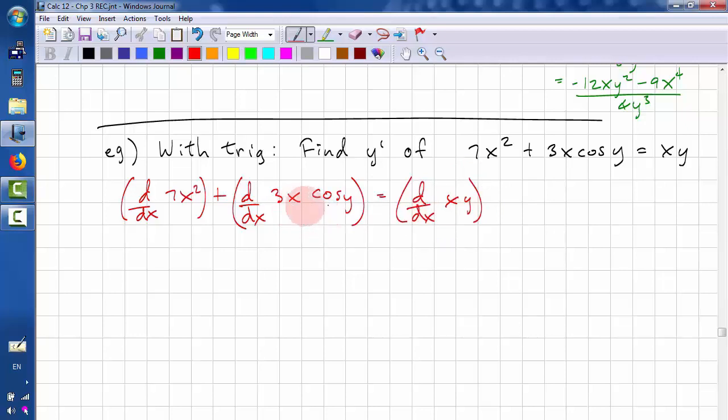Okay, we have an x and a y, we have an x and a y. So product rule here, product rule here. This one's straightforward, 7 times 2x.